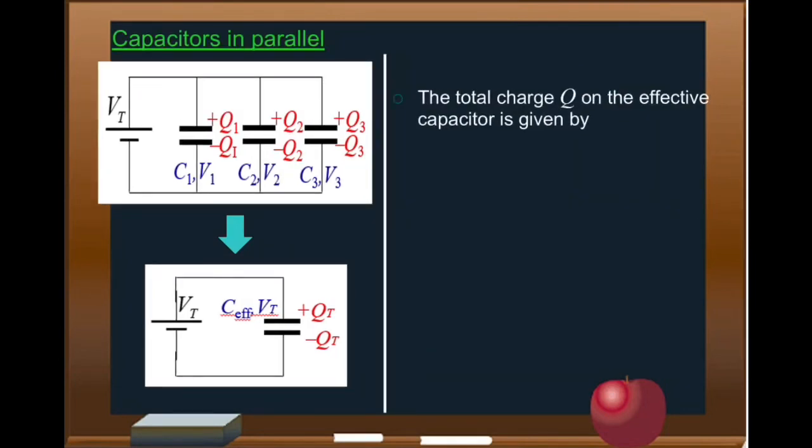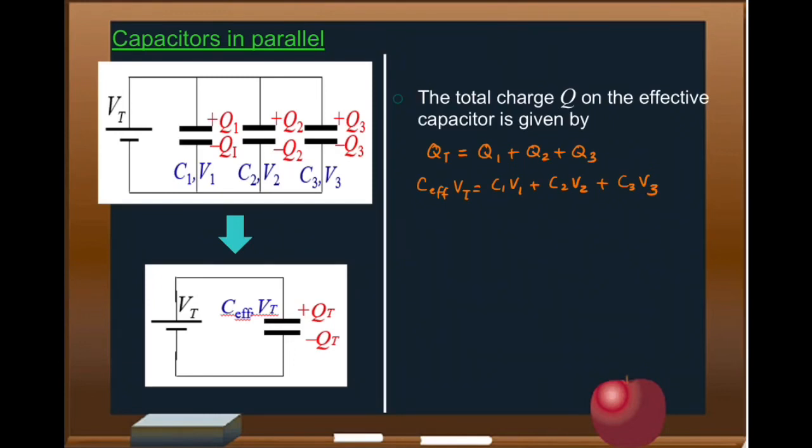So now we want to write the total charge Q on the effective capacitor. So Qt will be equal to Q1 plus Q2 plus Q3. And then we have written down the formula for each charge. So Qt is Cf Vt equal to C1 V1 plus C2 V2 plus C3 V3.